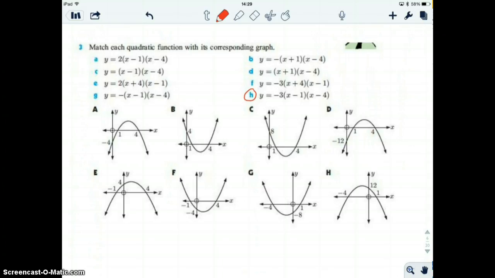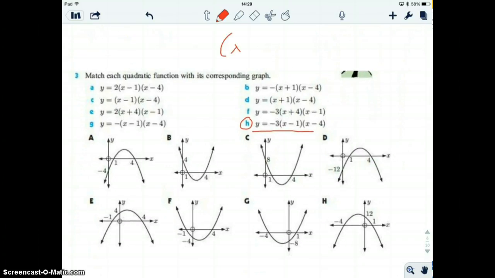Now we're going to go down to 6a. Locate the turning point or vertex for each of the following quadratic functions. Now there's a couple ways we could do this. One would be that you could complete the square.